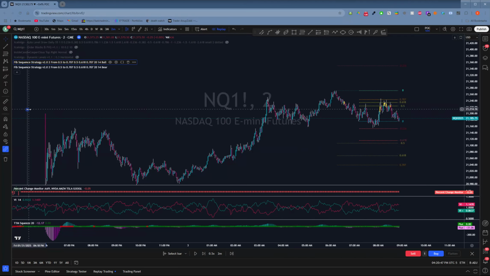As you run this, you will see how it rejects perfectly every time. Or if it doesn't, you'll see how it keeps extending and extending based on the fib, which hopefully we'll get an example of here. I most likely will not be using these. I'll just pull them down. We'll see.